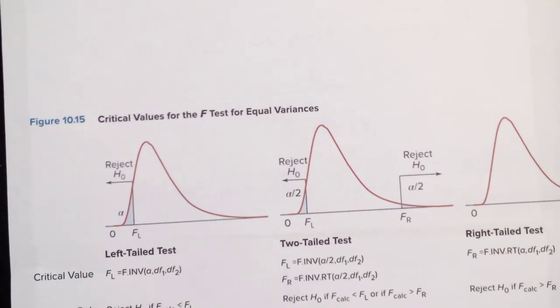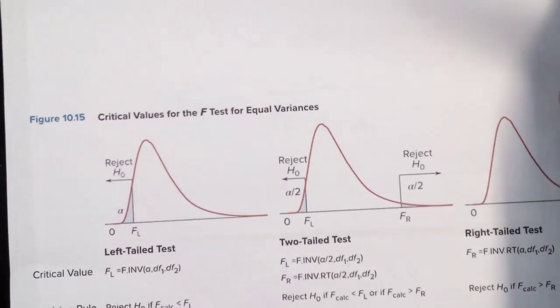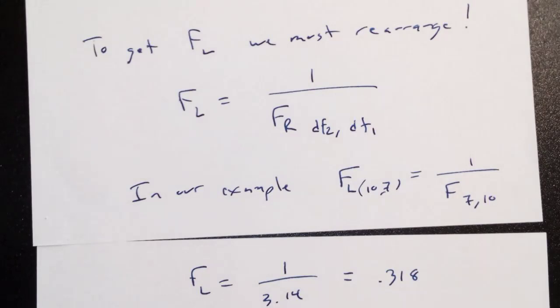I'm going to do this in Excel 99.99% of the time because it's a lot easier. But what that means is that what I need to do is write out my hypotheses, do my calculations, and understand and interpret the answer.